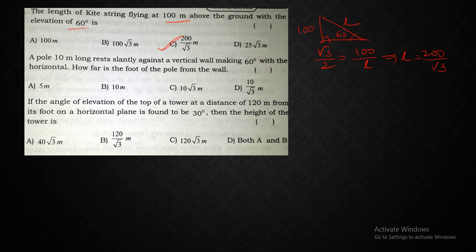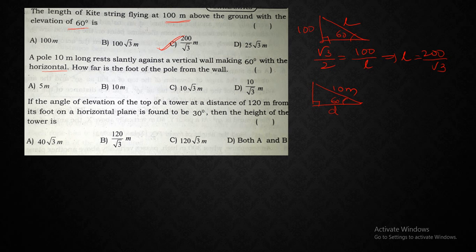Next, a pole of 10 meters long rests slantly against a wall. Here also the pole is not vertical, it is slant, of length 10 meters, which means he has given the hypotenuse, and it is making a 60 degree angle with the wall, so with the horizontal. How far is the foot of the pole from the wall?